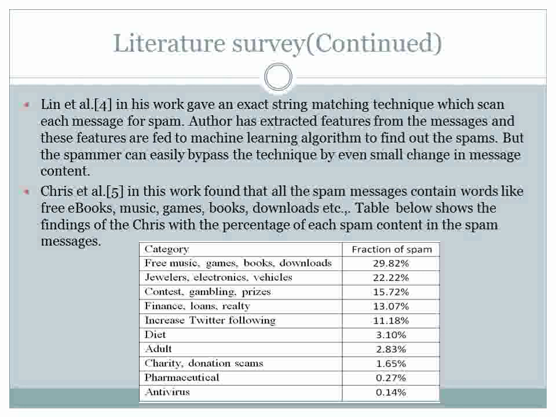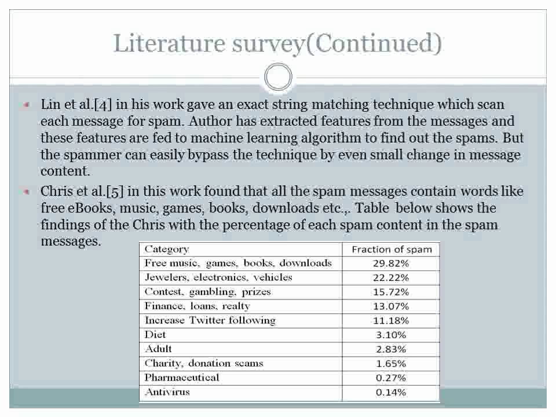In another work, Lin et al. gave an exact string matching technique which can scan each message for spam. Here the author extracted features from the messages, and these features are fed to a machine learning algorithm to classify the spams. But the problem with the technique is that spammers can easily bypass it by even a small change in a message content.